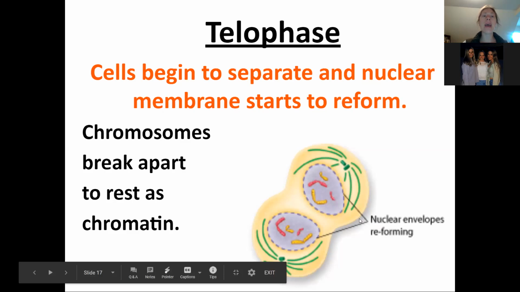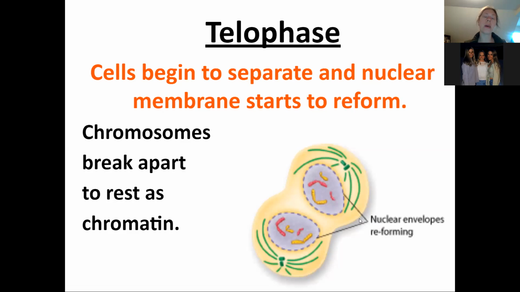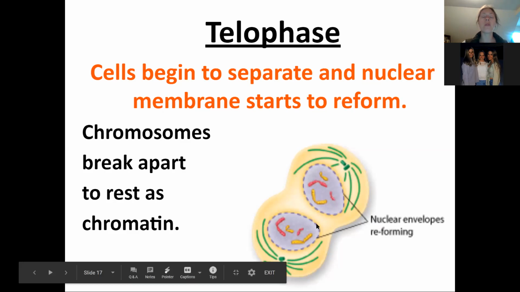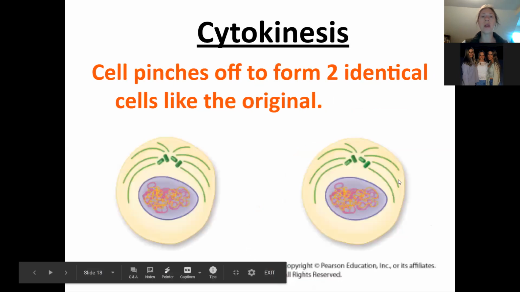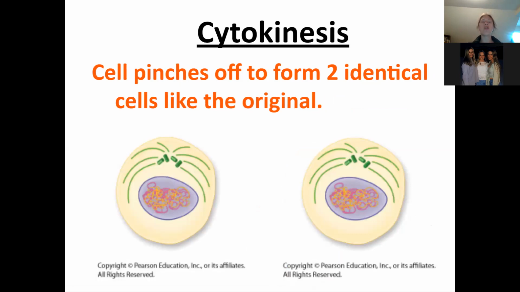The end of mitosis, telophase, does kind of overlap a little bit with cytokinesis, so it's common for them to be happening at the same time. Telophase will end before cytokinesis does. Once we've reformed that nucleus, we can finish cytokinesis. So these two cells are going to pinch off and form two identical cells.